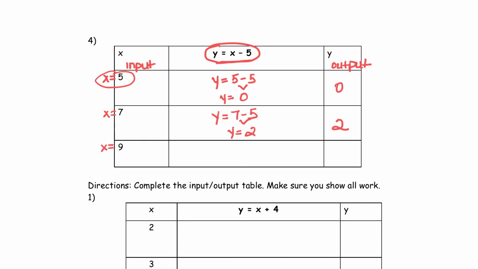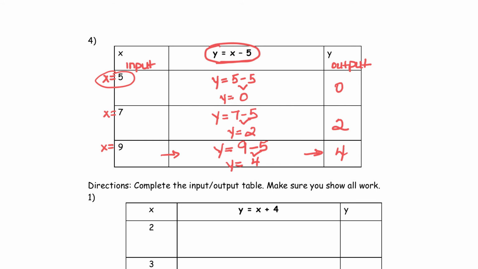So when x is equal to 9, I rewrite, I substitute my 9 for the x, and I do my subtraction. 9 minus 5 is 4, so y is equal to 4. So when x is equal to 9, I just follow it. I'm going this way, and then I'm going to just put my answer here. And then we're done.